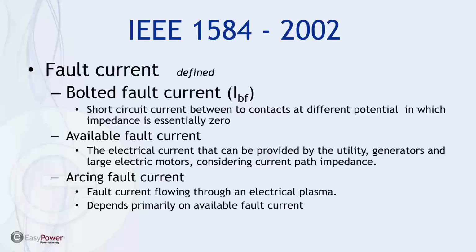But the arcing fault current was a little bit more difficult to get a specific value on because it involved the thermal properties of the electrical plasma, and there are several other errors or correction factors that came into play, including size of the enclosure, air gap, and even other parameters that weren't necessarily able to measure at the time.